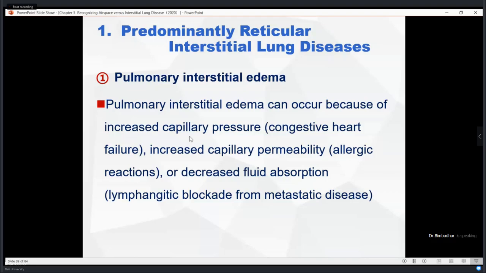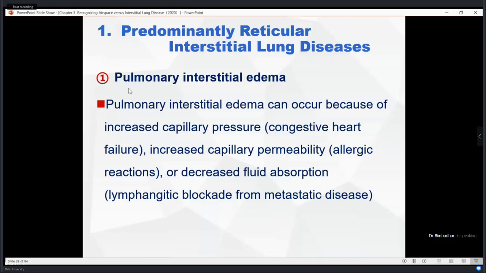So increased capillary pressure in case of congestive heart failure, or increased capillary permeability, which happens in case of allergic reactions, and decreased fluid absorption, or you can also say lymphatic, we also call it lymphangiectasis. Lymphangiectasis is nothing but blockage of your lymphatic vessels, and it can happen because of a metastatic lung disease.